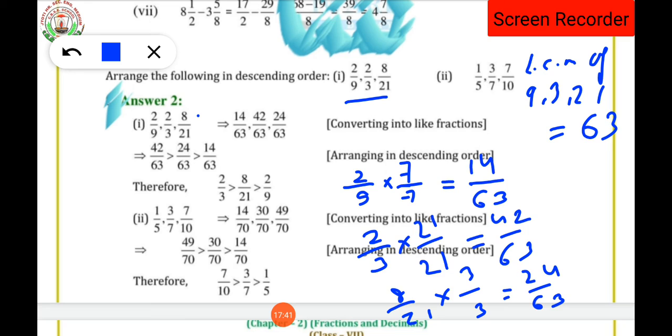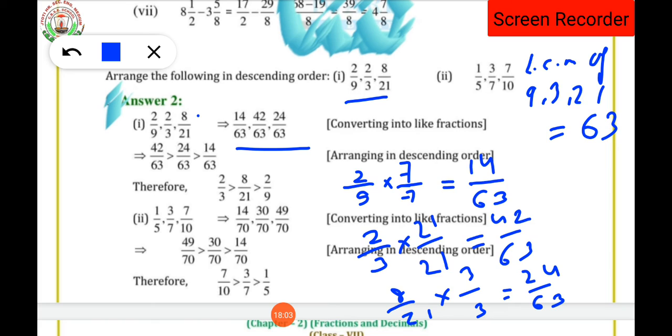Now you can see that we have 14 upon 63, 42 upon 63, 24 upon 63. This answer we got by taking the LCM and multiplying, changing it into like terms. Now every denominator is the same, 63: 14 upon 63, 42 upon 63 and 24 upon 63.